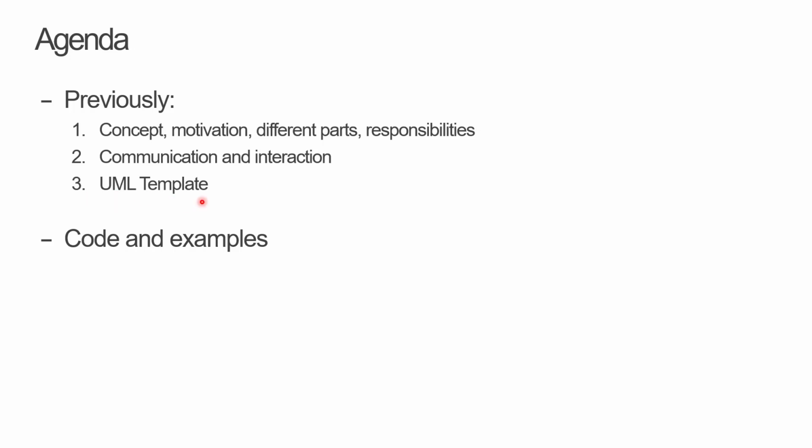In part 3 I presented the UML template that is supposed to be usable in your semester projects. And so in part 4 here we have arrived at the code and examples. Right, so now we will actually look at an example and the associated code with it and see how we apply my UML template in a small system.